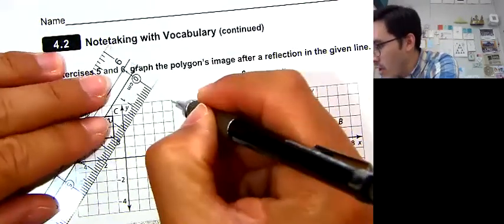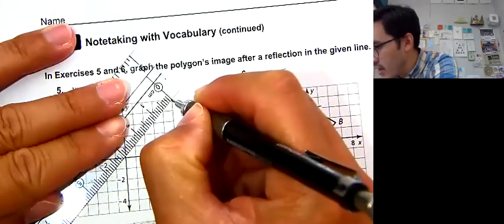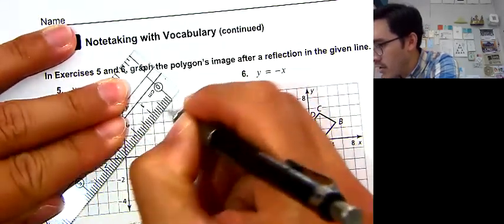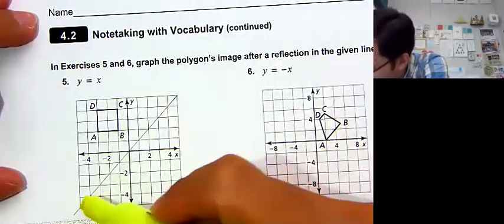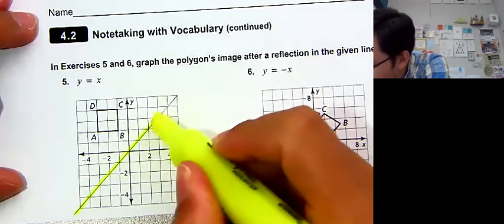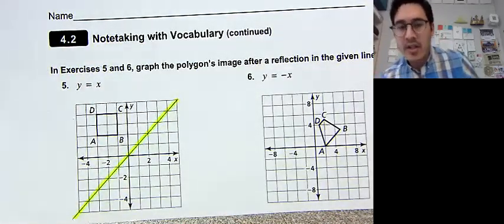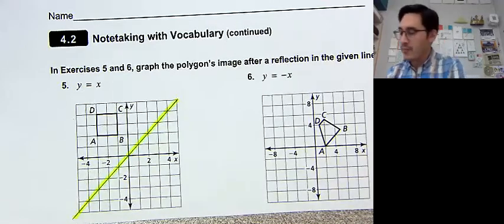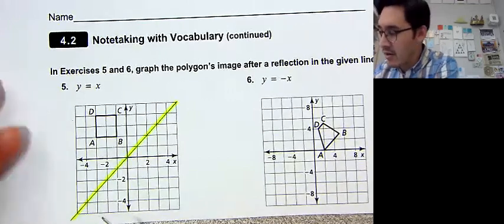Okay, so the line y equals x is this diagonal line right here. Let me just highlight it too. So this is the line where I'm going to be folding my paper. Now, because the image is printed, I need to put some lead down on it.